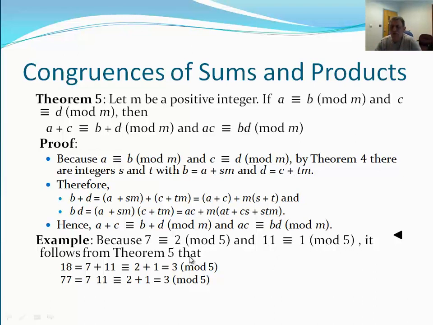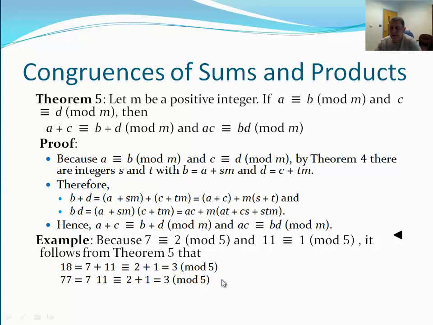It follows from the theorem that 7 plus 11 is congruent to 2 plus 1 mod m. They both create remainder 3. And if we multiply them, this should be 2 times 1, not 2 plus, all right?